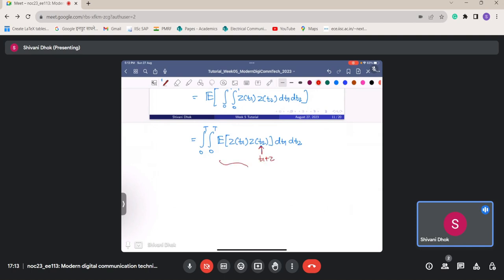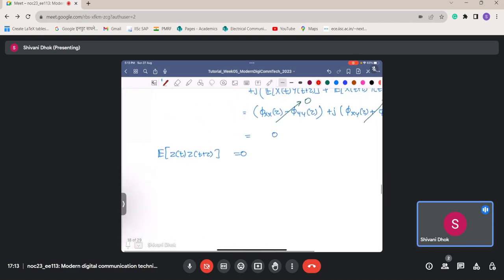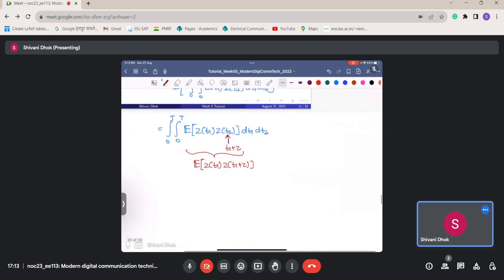So this entire term is simply expectation of z(t1) into z(t1 plus tau), right? And in the previous part we proved that expectation of z(t) into z(t plus tau) is equal to 0 for all values of tau and all values of t, and therefore this expectation itself is equal to 0, and hence expectation of v squared is equal to 0.